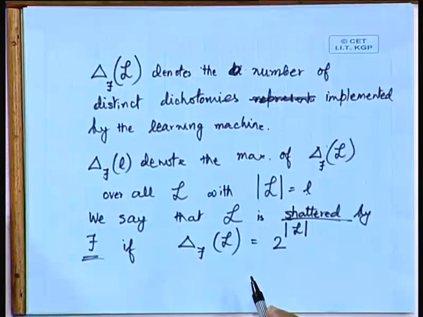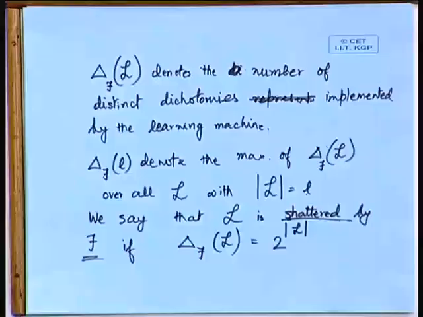Any doubts? It requires some time to assimilate, perhaps more examples. So, we will surely consider some more examples in the next class before the concepts really go into our mind.